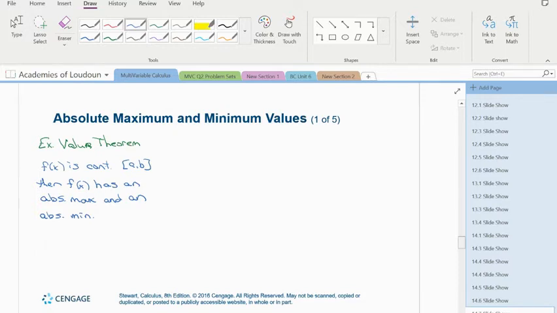So a boundary point of D is a point (a, b) such that every disk with center (a, b) contains points in D and also points not in D. So for example, if we have D defined as the set of (x, y) such that x² + y² is less than or equal to 1, that consists of all points on or inside the circle x² + y² = 1. And this is defined as a closed set because it contains all of its boundary points, which are the points on the circle x² + y² = 1.